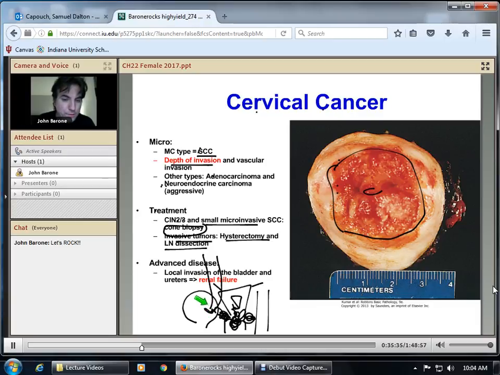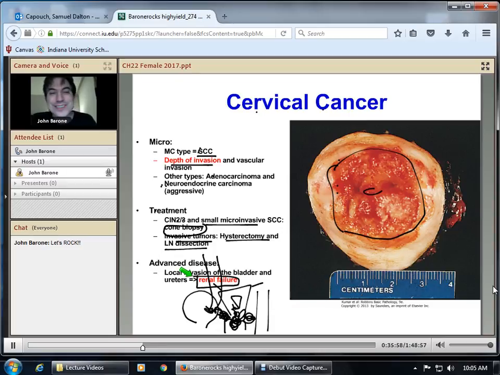When they block that, you're blocking the ureters. So now the urine backs up, you get hydroureter, leading to hydronephrosis, leading to renal failure.